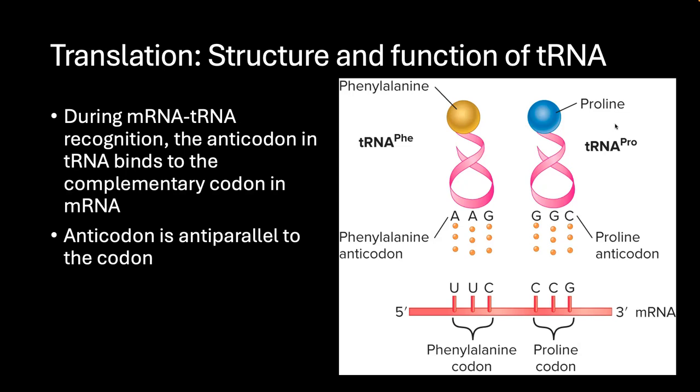This anticodon follows all the same rules of base pairing we have previously seen, including binding in an anti-parallel direction. Different tRNAs carry different amino acids, and they are thus named for the amino acid that they carry.